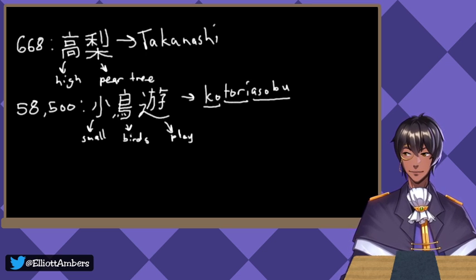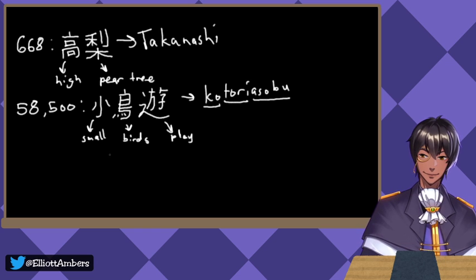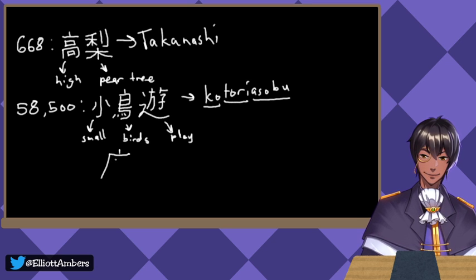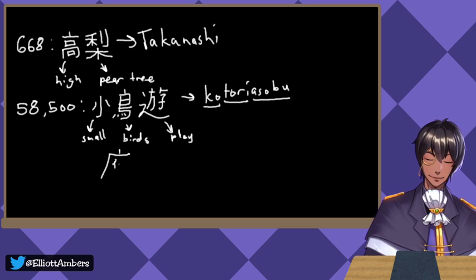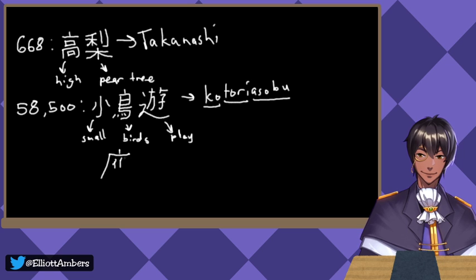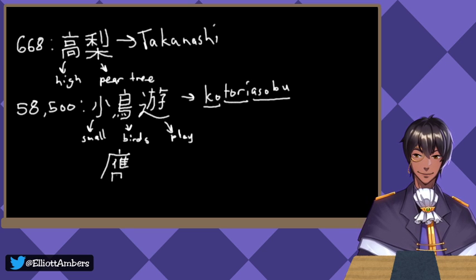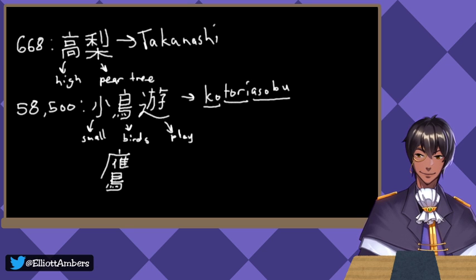because small birds can play when, let me write this out. Here we have this kanji. This kanji is actually read as Taka. 2, 4, and then we draw this out here. The kanji that we get is 2, 3, 4.